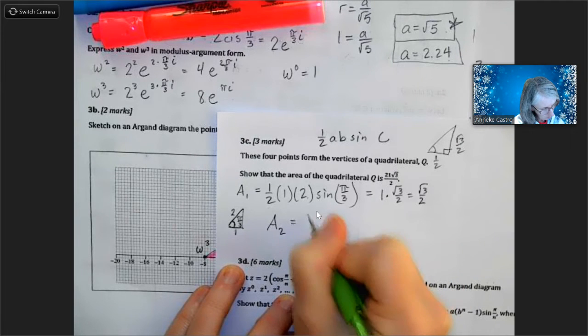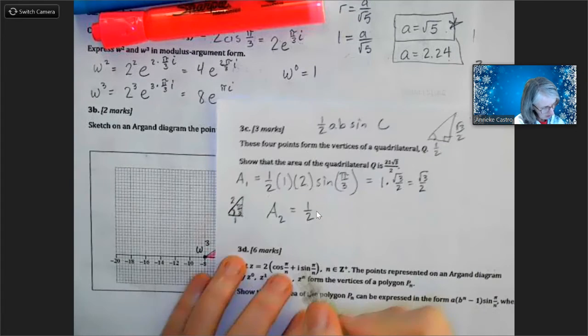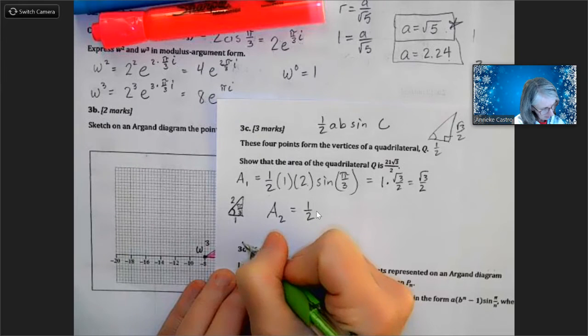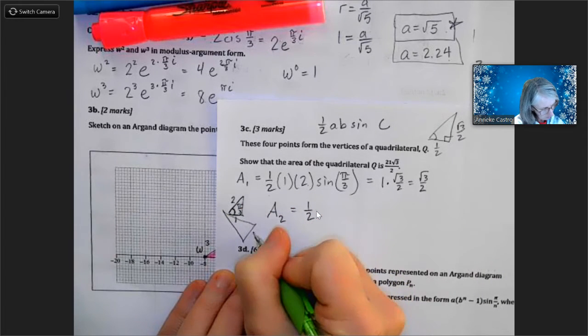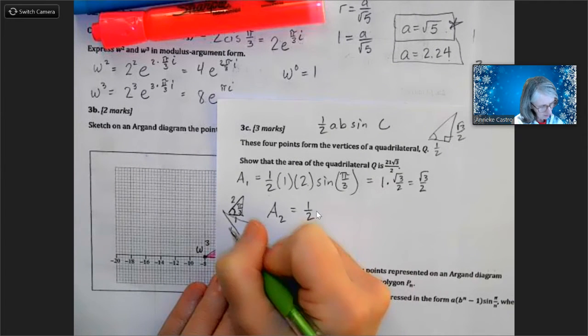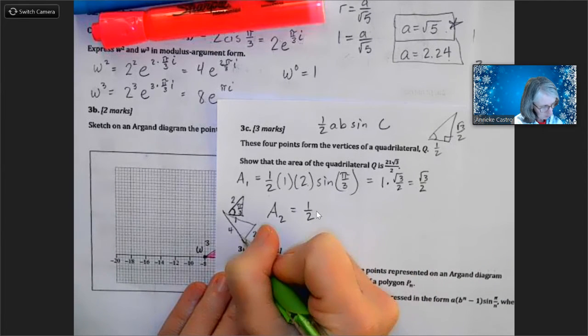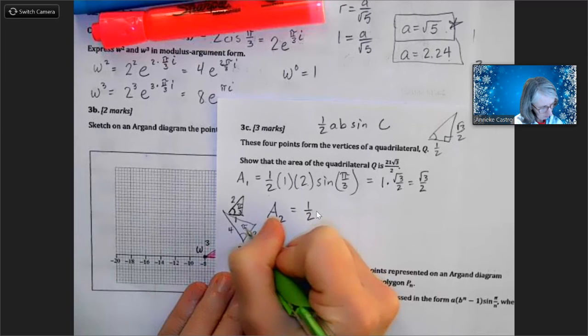It's going to be equal to 1/2. And then triangle 2, it goes like this, right? This one has a magnitude of 2, this one has a magnitude of 4, and the angle in between here is, again, pi over 3.